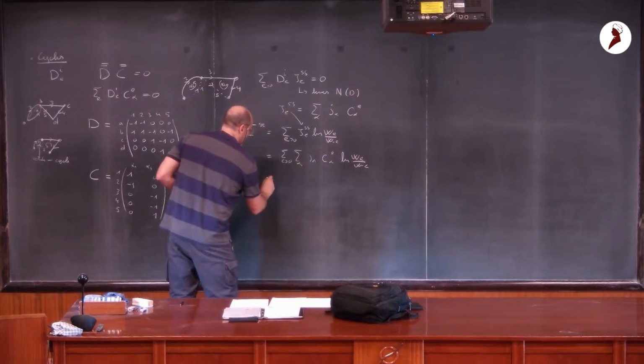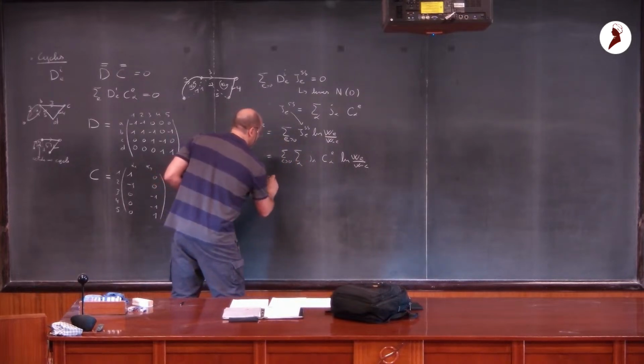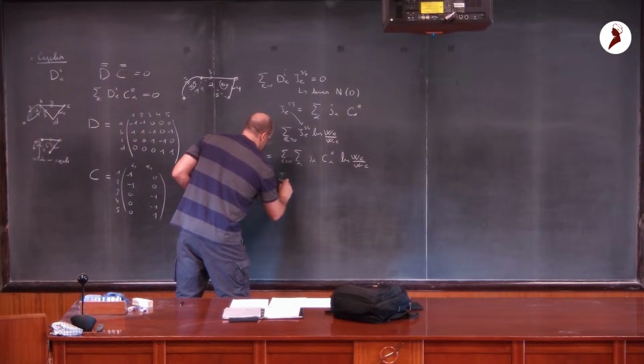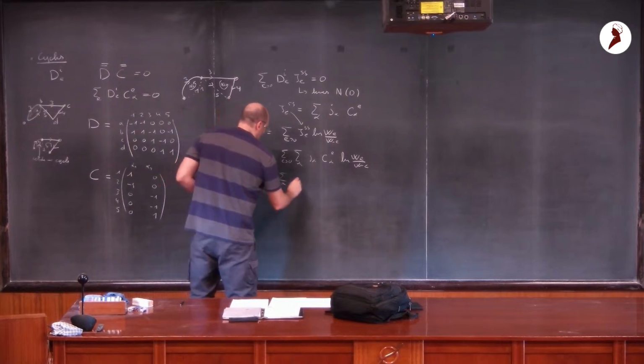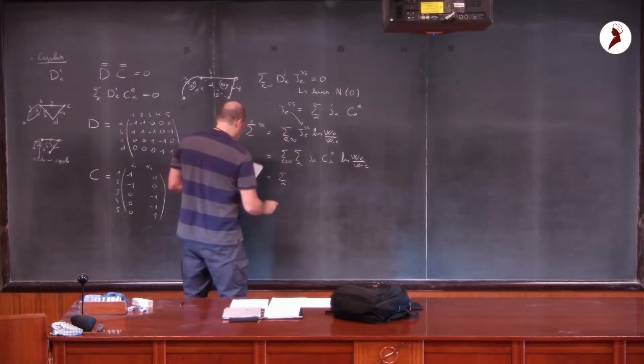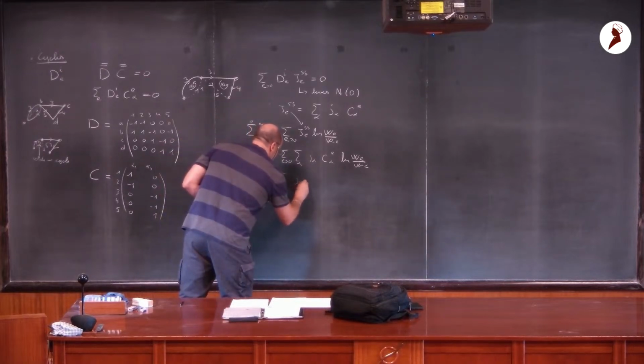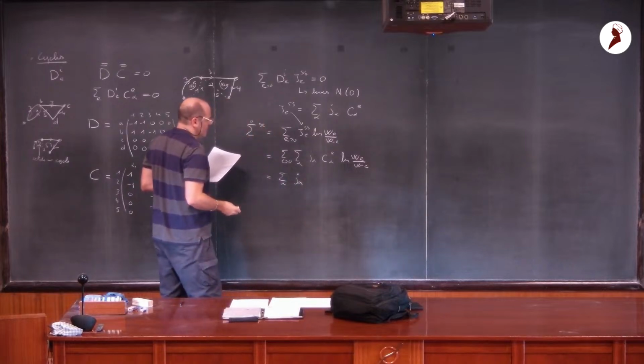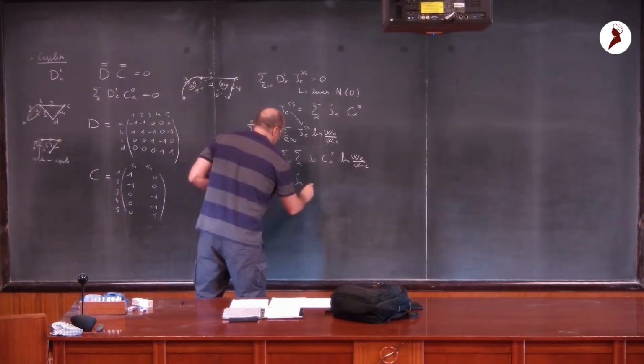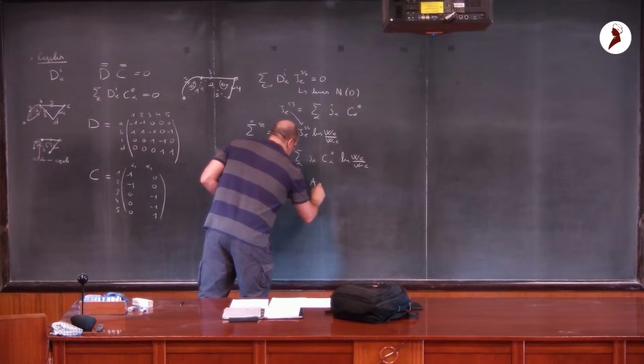And if I invert these sums, I get a sum over alpha of what I can now call J alpha, I can interpret that as a flux along the cycle, multiplying what is called the cycle affinity.